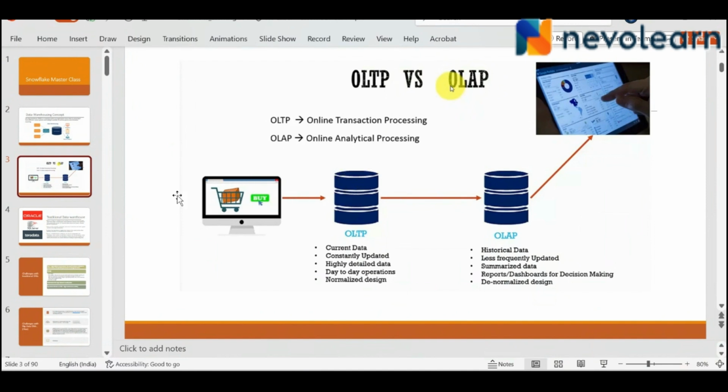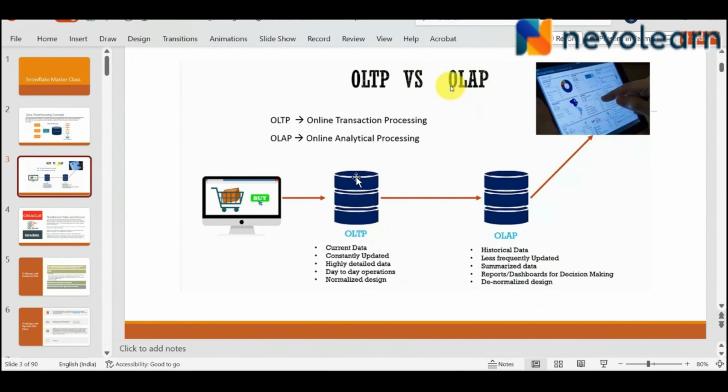For example, you purchased a ticket, so your customer details, how you did the payment, which channel you used, how many tickets you booked, your booking date, your journey date, each and every detail will be stored immediately in a separate table in the OLTP database.